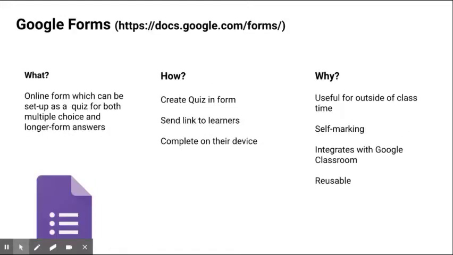Google Forms. Forms has a quiz function whereby you can assign points and also have the students' quiz self-marked. This is a wonderful way of setting assessment outside of class, as unlike Kahoot and Plickers, you don't need to do anything other than set it and send it so the learners have access to it.